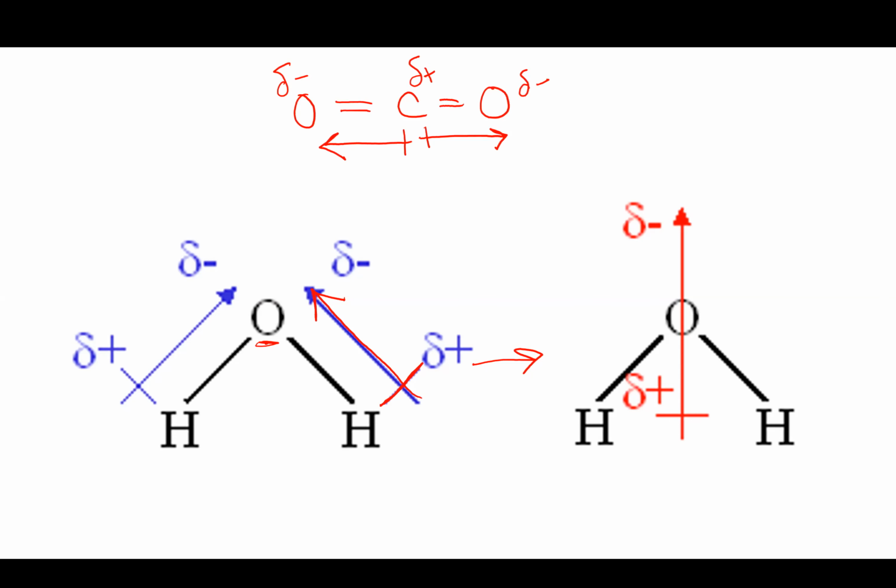So they cancel. So carbon dioxide has polar bonds. However, after going through all those steps, figuring out the valence electrons, drawing the Lewis structure, and then figuring out the geometry of the electron regions, we decide that this is actually a non-polar molecule.